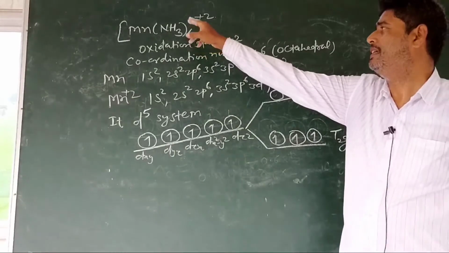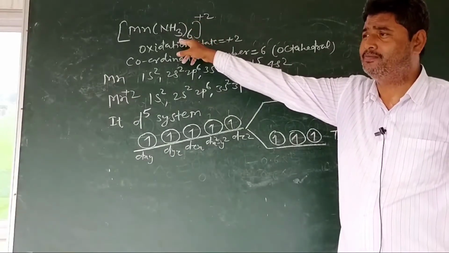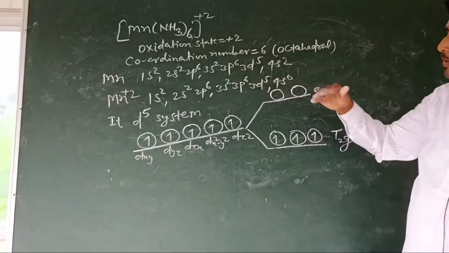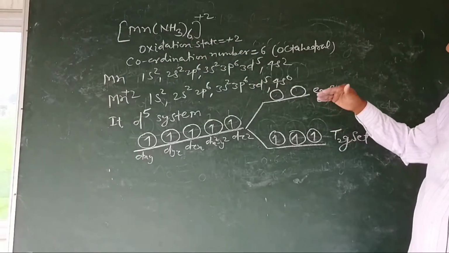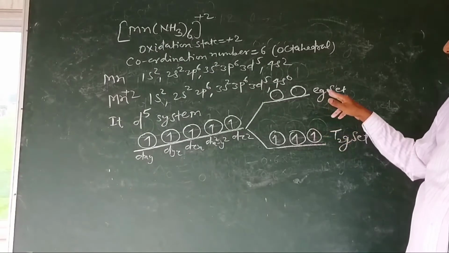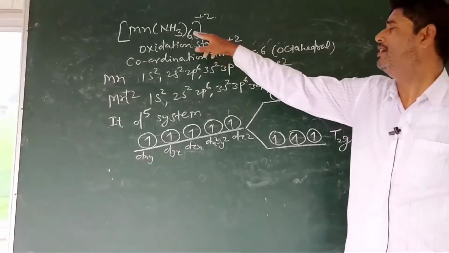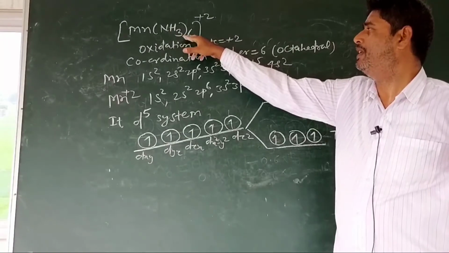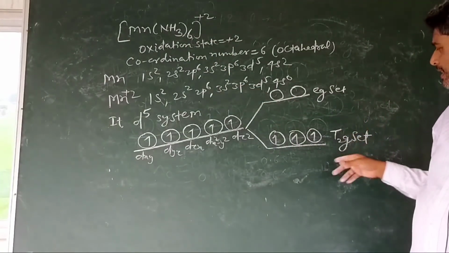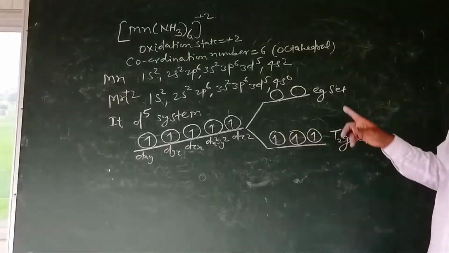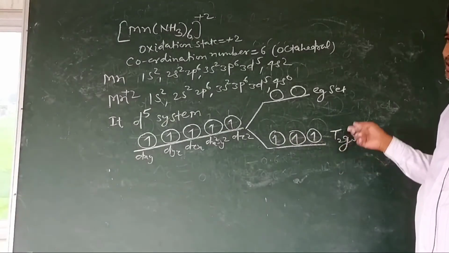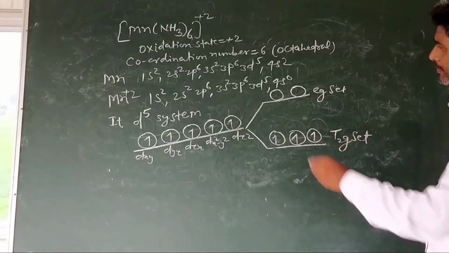So the strong ligand ammonia will not allow the remaining 2 electrons out of 5 to enter EG, but ammonia will allow pairing to start in the T2G set. Since ammonia is a strong ligand, it will allow pairing in the low energy level.